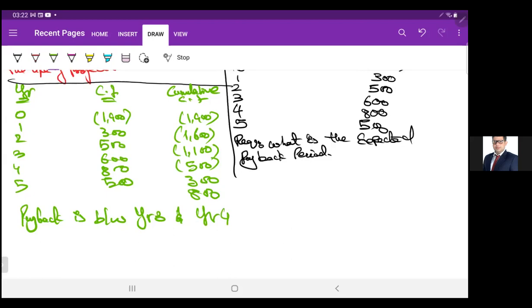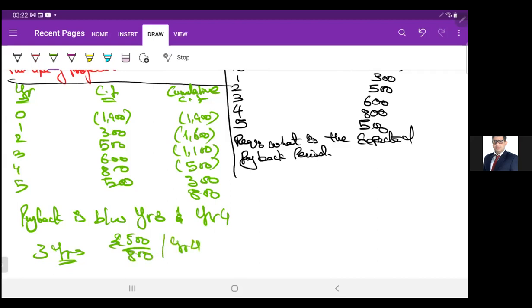If we assume a constant rate of cash flow throughout the year, we would estimate that payback will be 3 years plus 500 divided by 800 of year 4. We can't divide by negative, so 500 divided by 800.